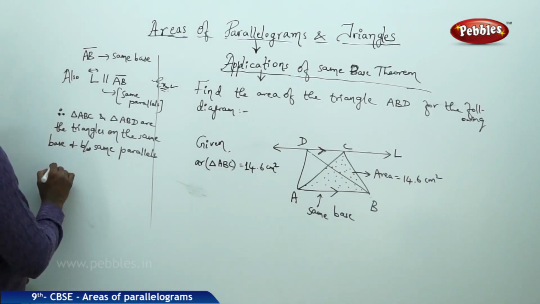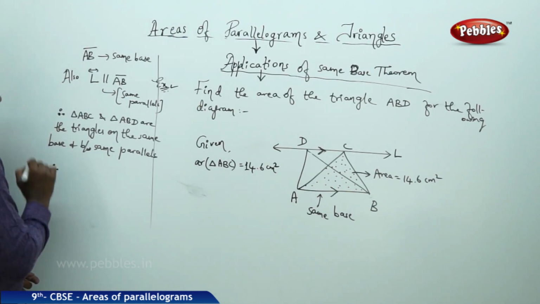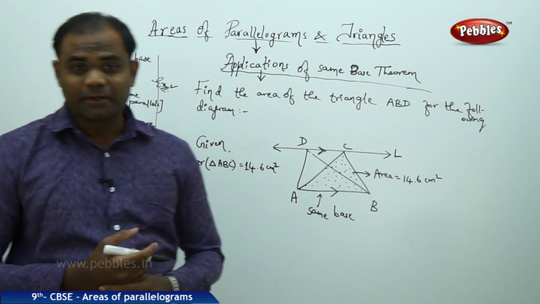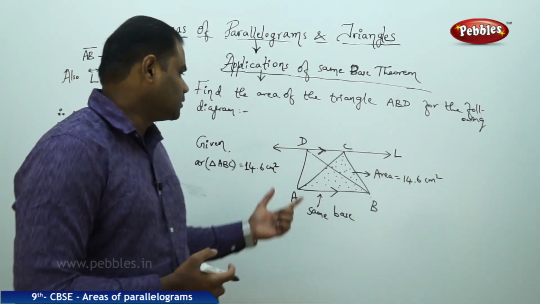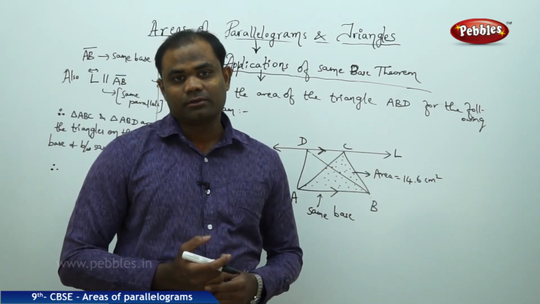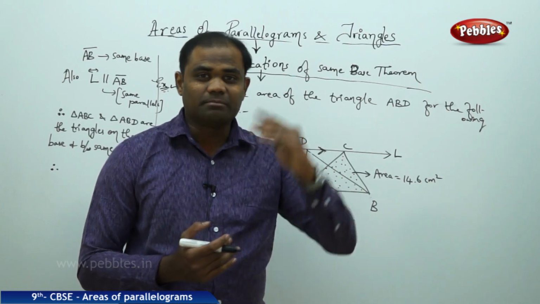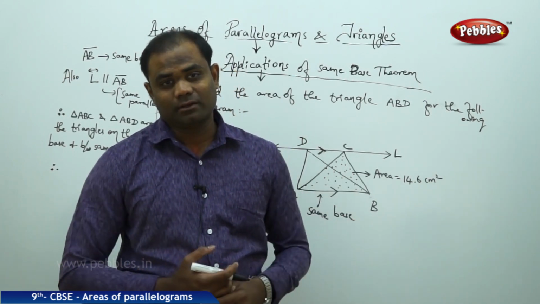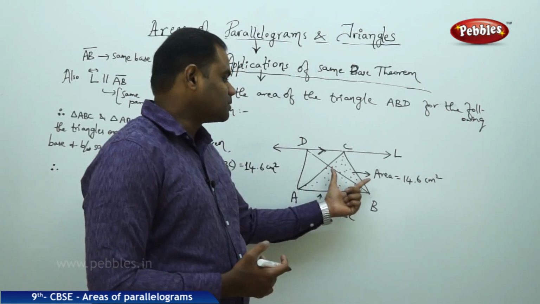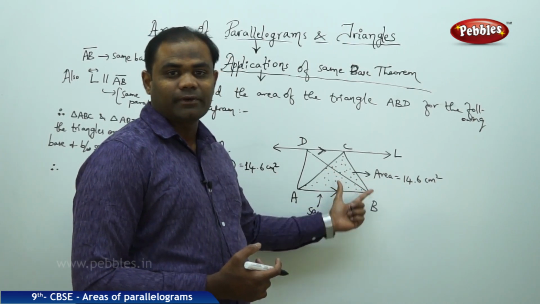Therefore, by the same base theorem, we have the areas of the triangles are equal. Triangles on the same base and between the same parallels are equal in area. Therefore, the area of this triangle must be equal to the area of the second triangle.